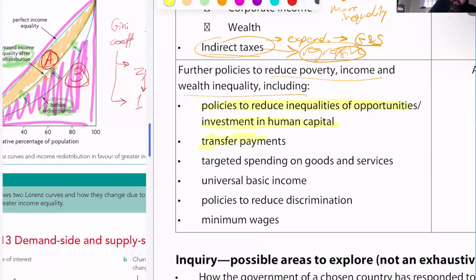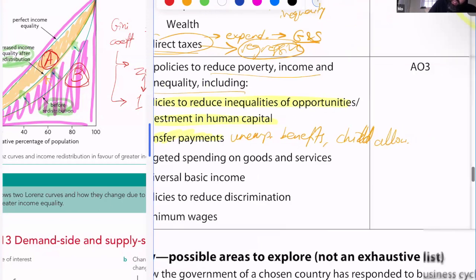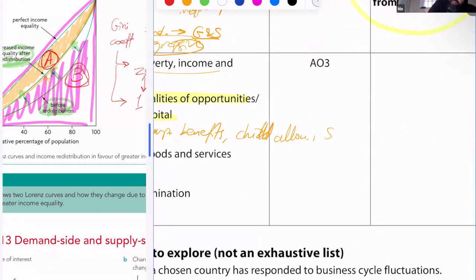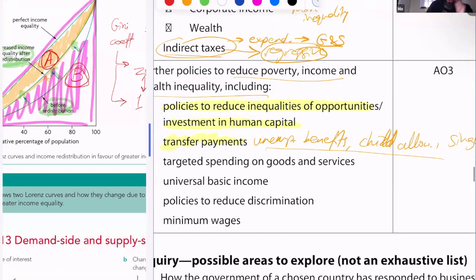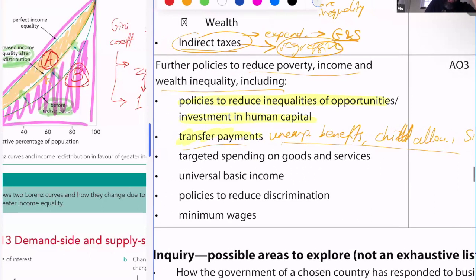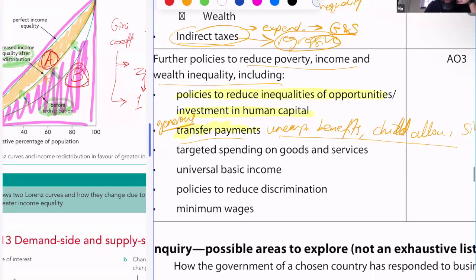Transfer payments, like unemployment benefits, okay? Child allowances. Some countries will pay you an allowance for every child you have. Single parent allowances. All of these allowances and unemployment benefits are all transfer payments. If you have generous transfer payments, okay, that helps in reducing poverty and inequality.